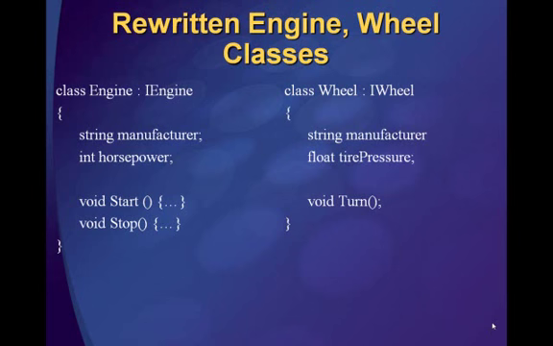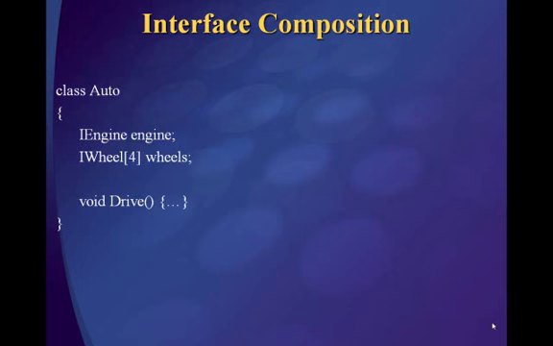So now let us rewrite the engine and wheel to implement these interfaces. Once these classes implement these interfaces, we can now use these interfaces to build the auto class. So now the auto class, instead of using object composition, is using interface composition.